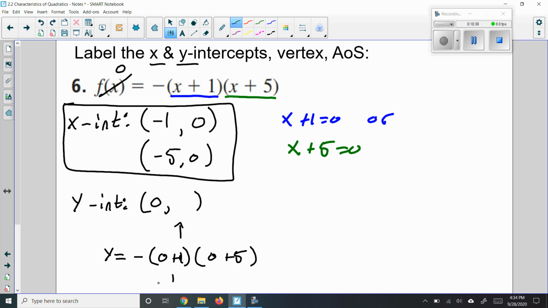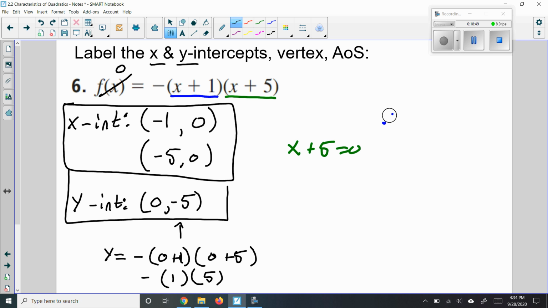Well, 0 plus 1 is 1. Zero plus 5 is 5. 1 times 5 is 5. And negative 1 times 5 is negative 5. So our y-intercept is 0, negative 5.